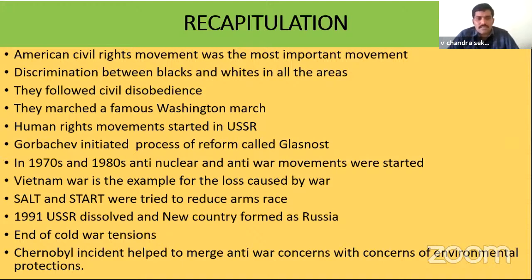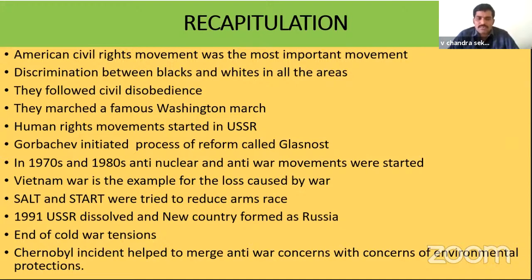But in 1991 USSR dissolved and was formed as a new country, Russia, and this incident freed us from Cold War tensions and Third World War-like tensions. Other tensions happened in Iraq, Afghanistan, and Eastern European countries, but finally we got freedom from the Cold War tensions.